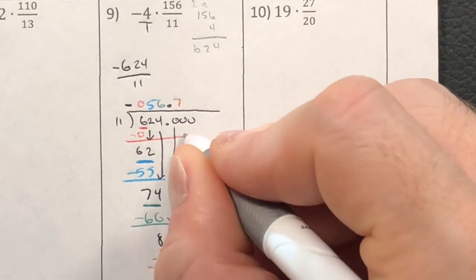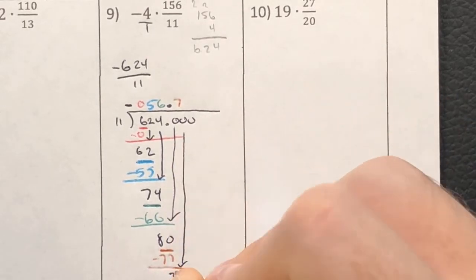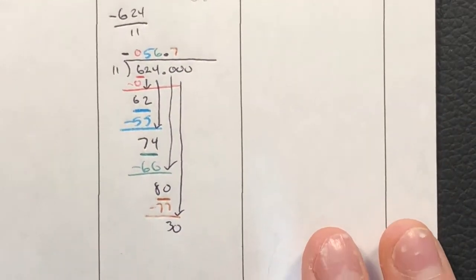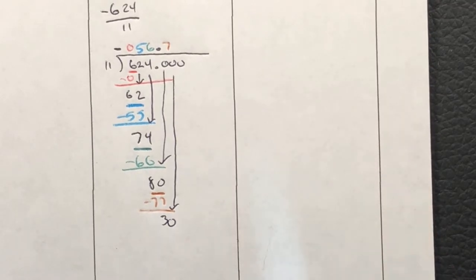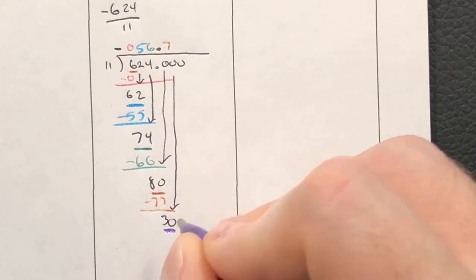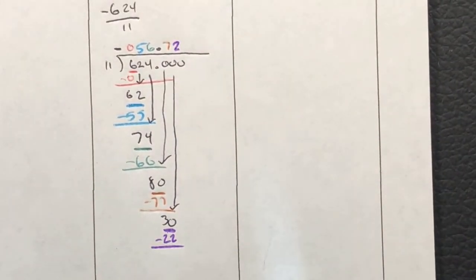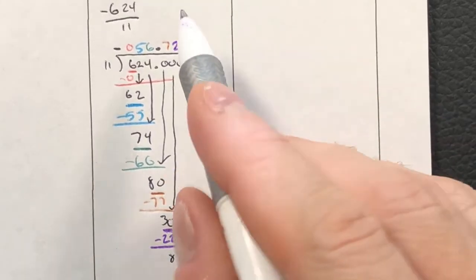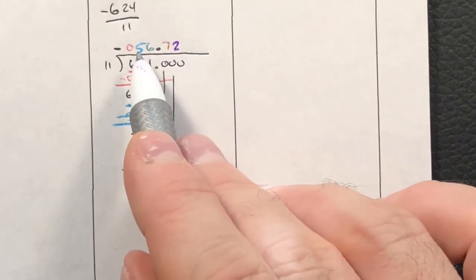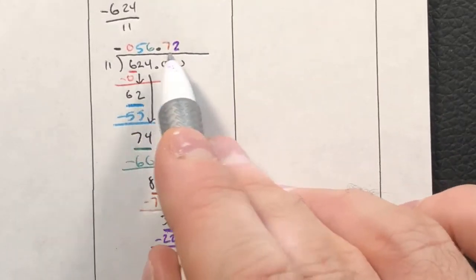That'll give us a 3. Okay. And after orange we did purple. 11 fits into 30 twice for a total of 22. Give us an 8. Now here, I know it's going to be 56 either 0.72 or 0.73.